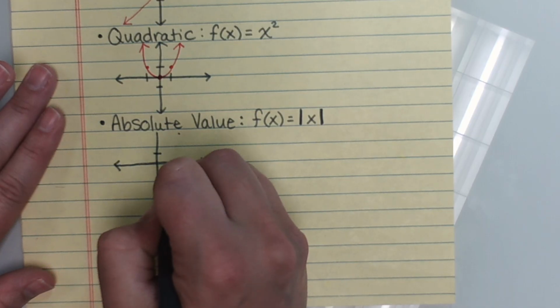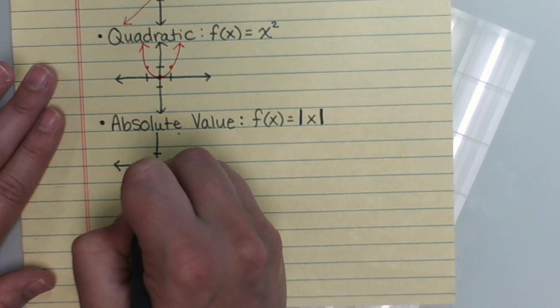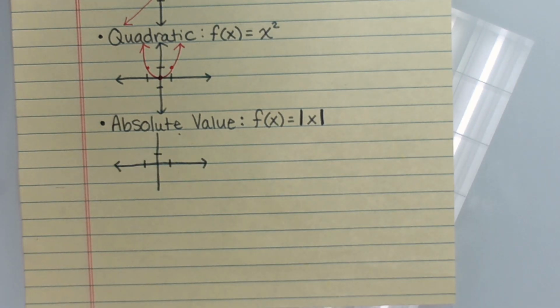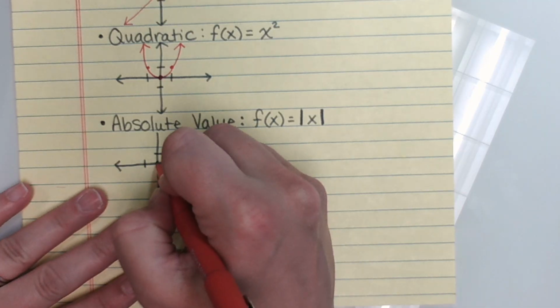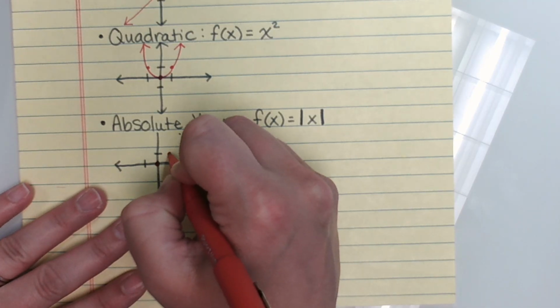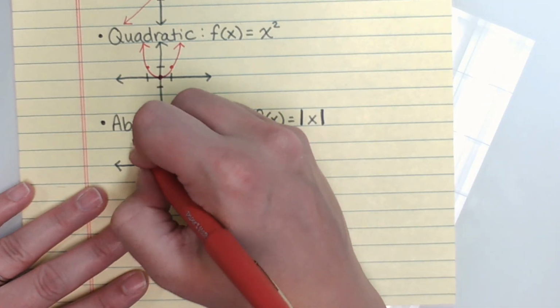Do you remember the shape of this one? V-shaped. Similar to the quadratic, the absolute value parent function will hit 0, 0, 1, 1, and negative 1, 1.